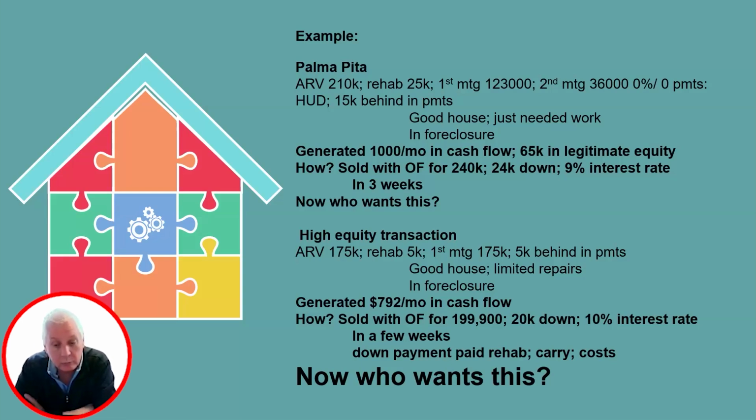And this one deal, because we did sell it with owner financing, as you can tell, for right at $200,000. And we got $20,000 down as a down payment. Paid some commissions, but that net down payment in that instance reimbursed us not just the $10,000 we were out of pocket for the back payments and the repairs, as well as for our interest carry.